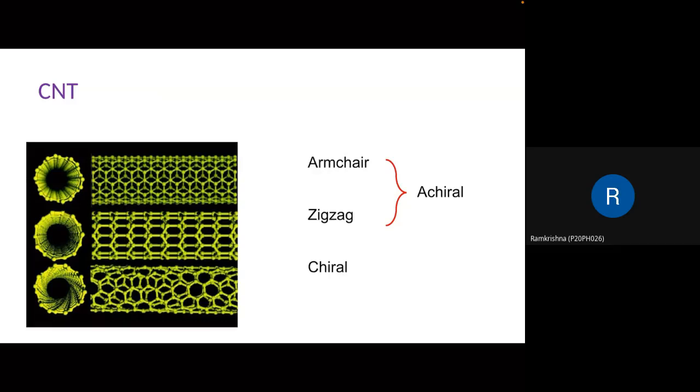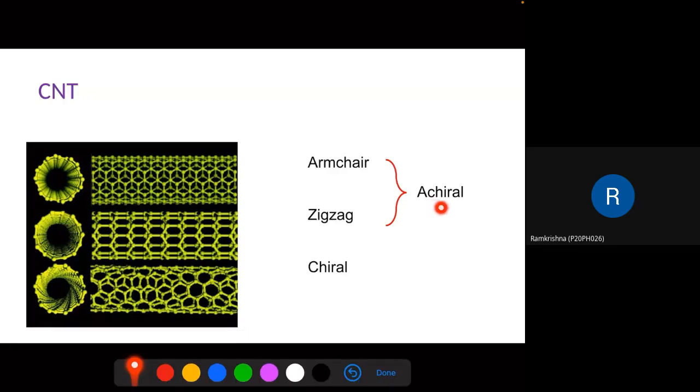Basically, we have three kinds of carbon nanotube structures. One is the achiral and chiral nanostructure. Achiral can be an armchair or a zigzag; these are the two names given to the achiral carbon nanotubes.